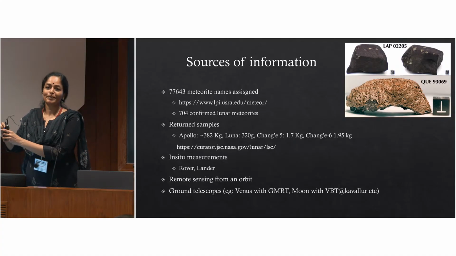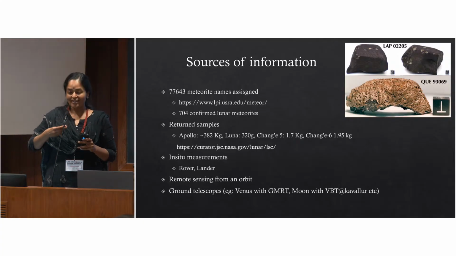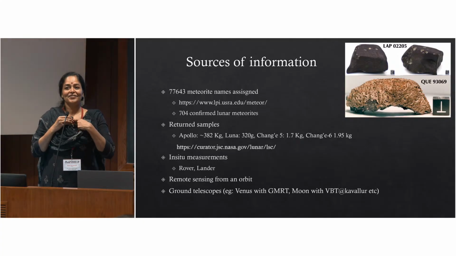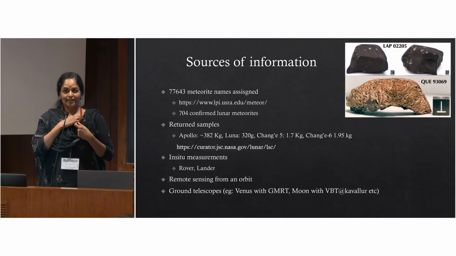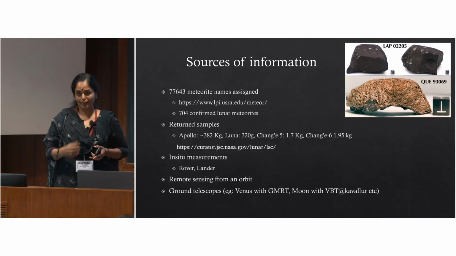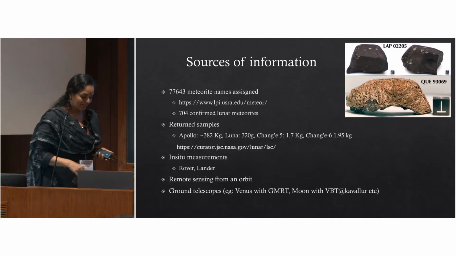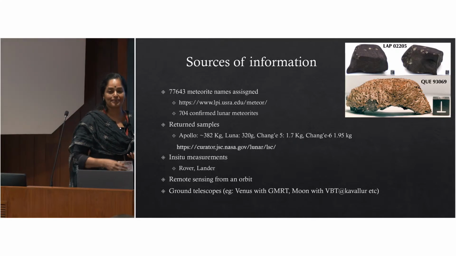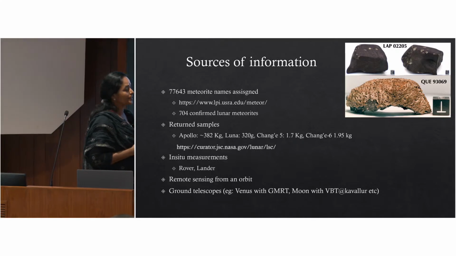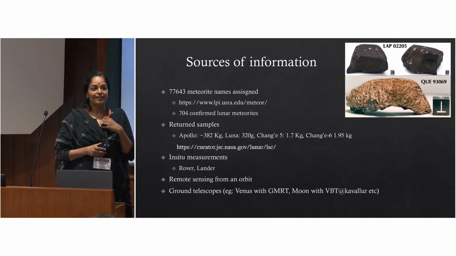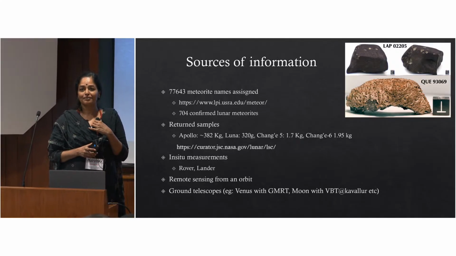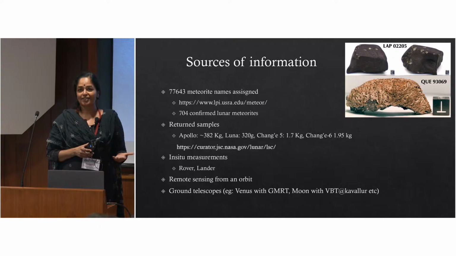You don't need to spend money to get a meteorite, whereas to do a mission and get a sample, you need to spend much larger amounts. But meteorites are really free, and they are pieces of material from different asteroids, Moon, Mars, etc.